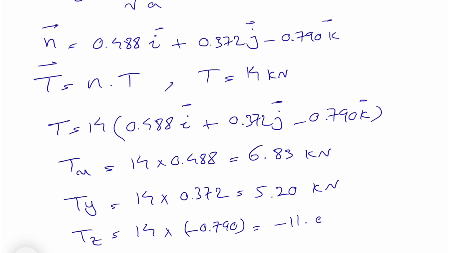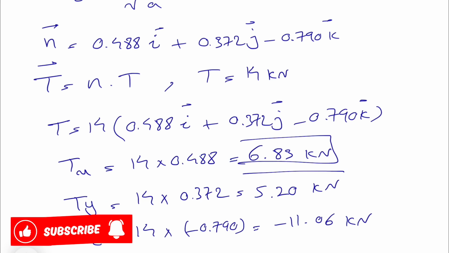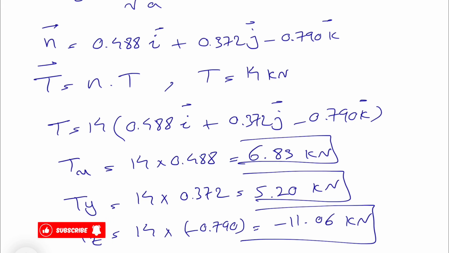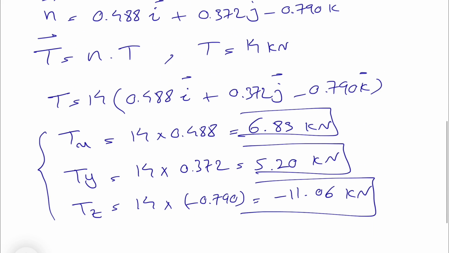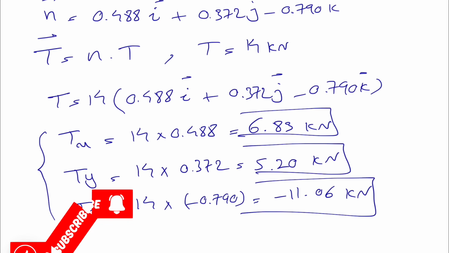Y will have 0.372, which will be 5.20 kilonewton. And the last one we have is minus 11.06 kilonewton. And that would be the answer for the second part of the question, where we needed to find the scalar components of t based on our unit vector. That would be the final answer for this question, and see you guys next time.